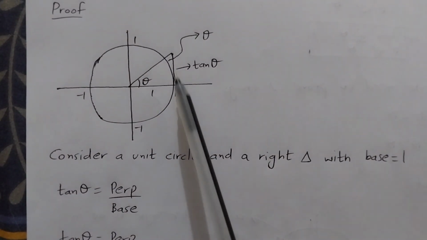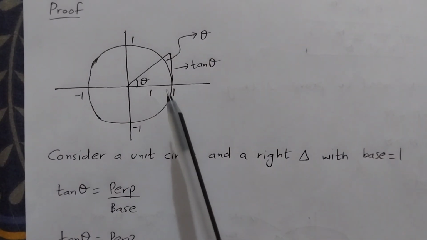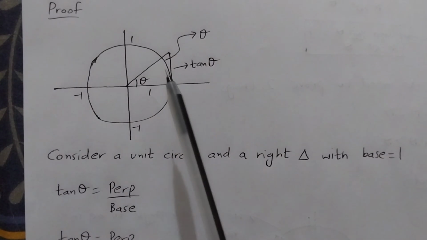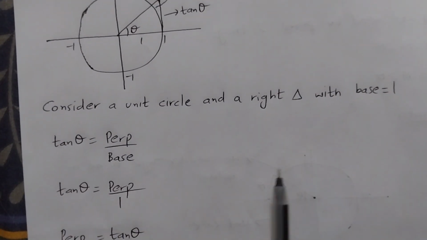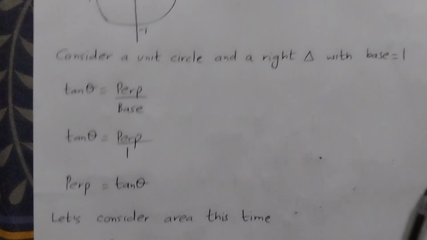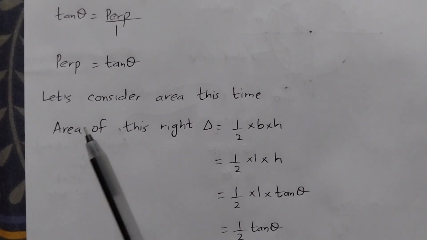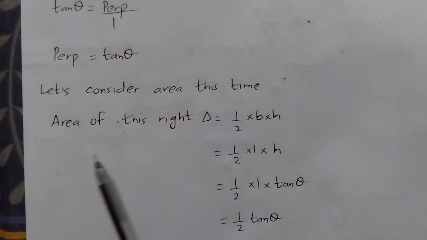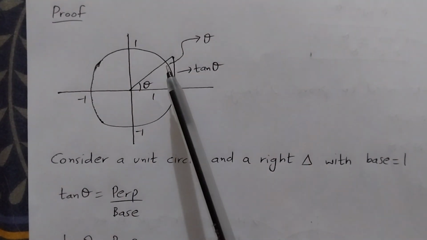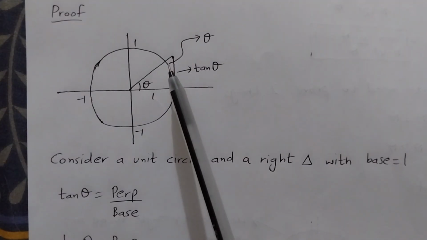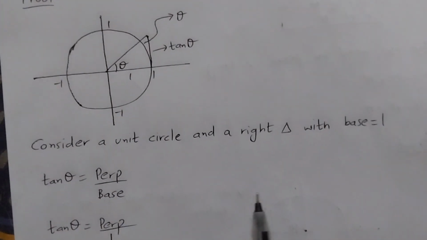So this perpendicular is tan theta, and this arc length is theta, as in the previous case, because theta is in radians. So we will consider area this time around. I'm going to find the area for this curved portion and for this triangle.